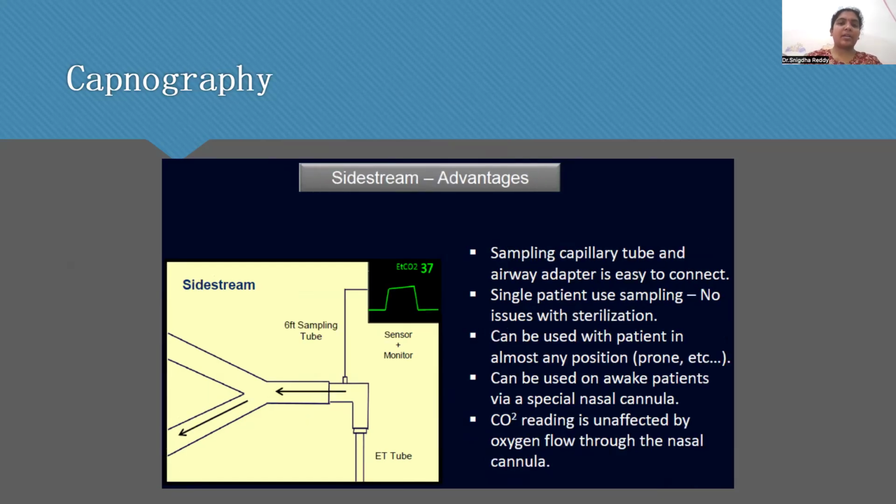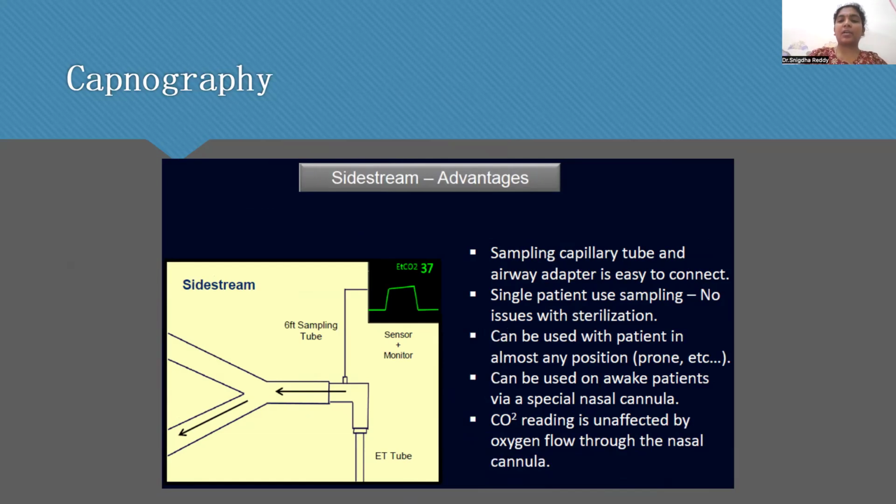Now, sidestream, coming to advantages: because of the sampling capillary tube and airway adapter, it is easy to connect. Single patient use sampling, no issues with sterilization. Can be used with the patient in almost any position. As the sampling tube is long enough, 6 feet, we can use it in any position, like lateral, prone, or any position.